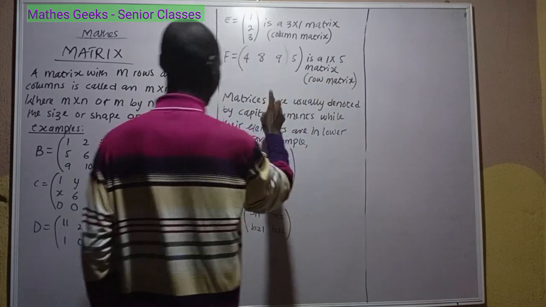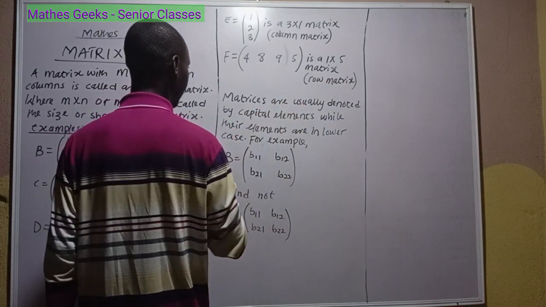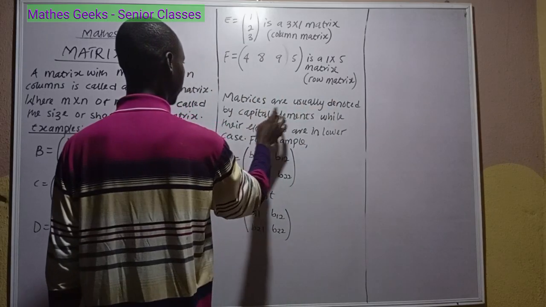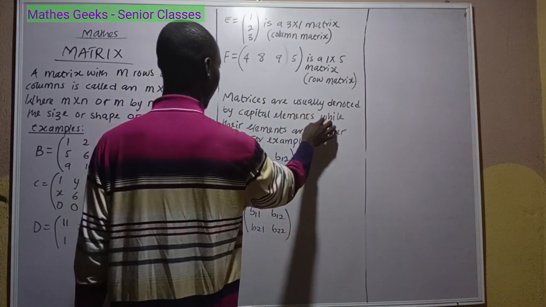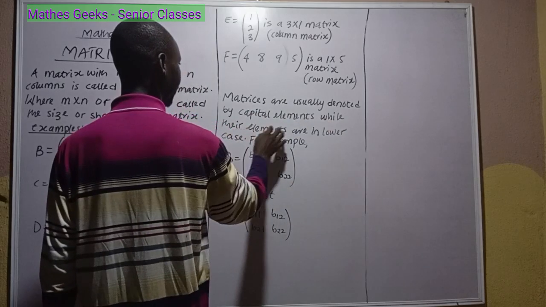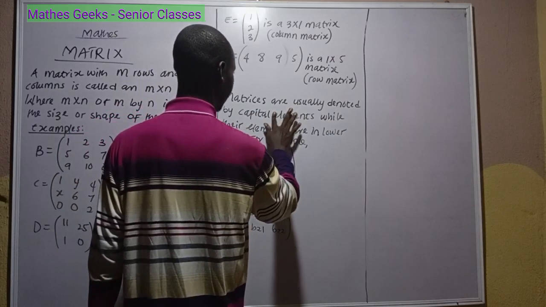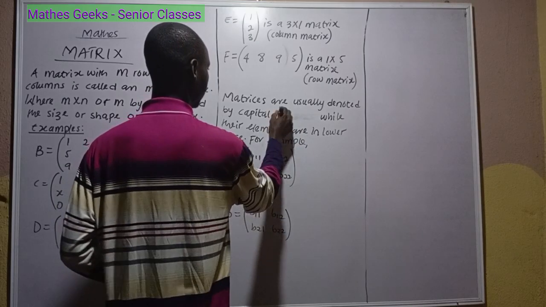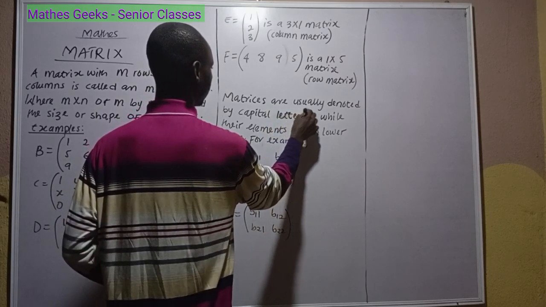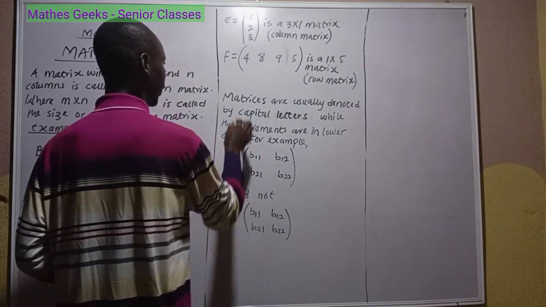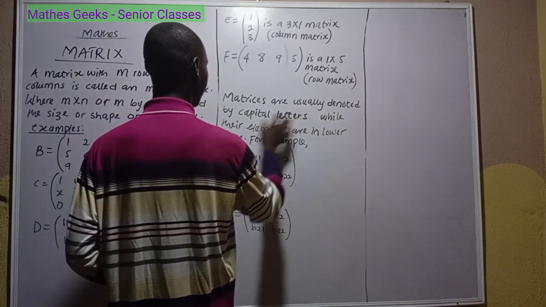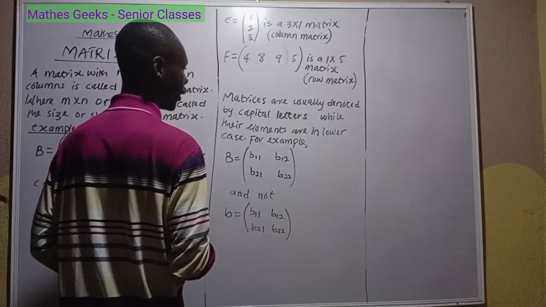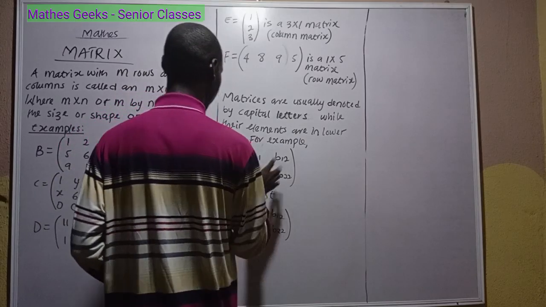Matrices are usually denoted by capital letters, while their elements are usually denoted by letters in lowercase.